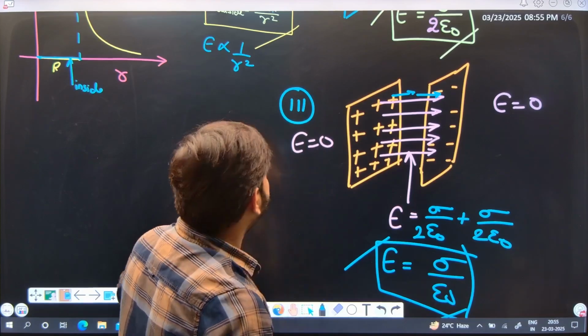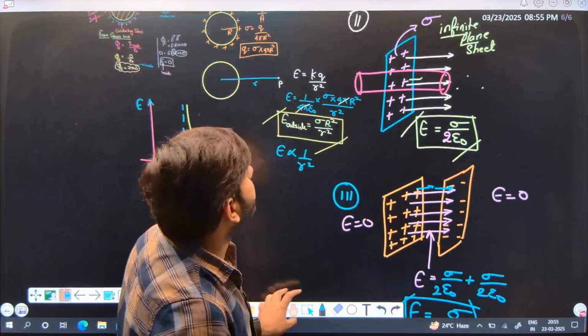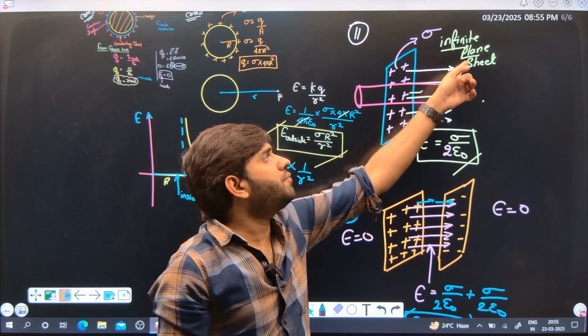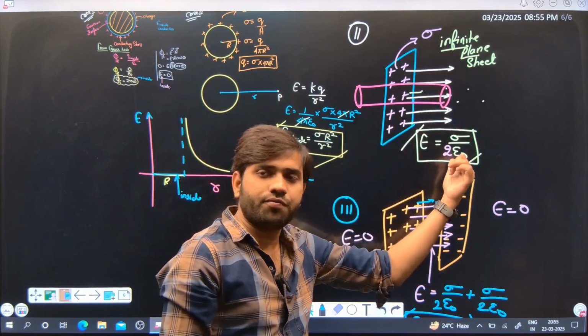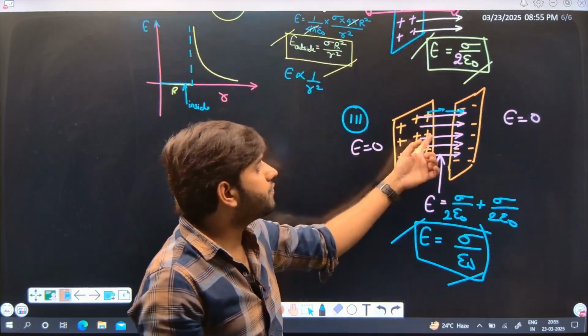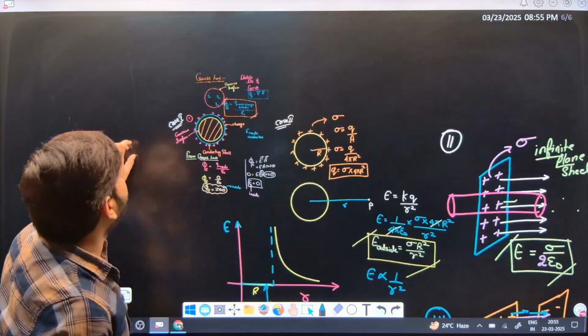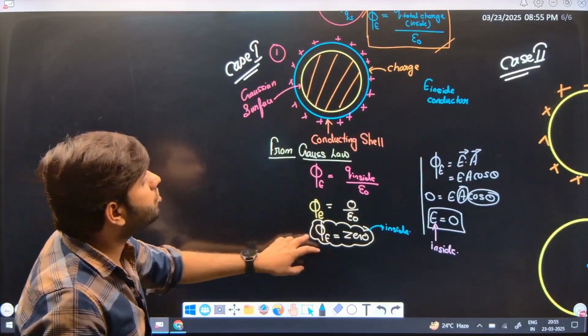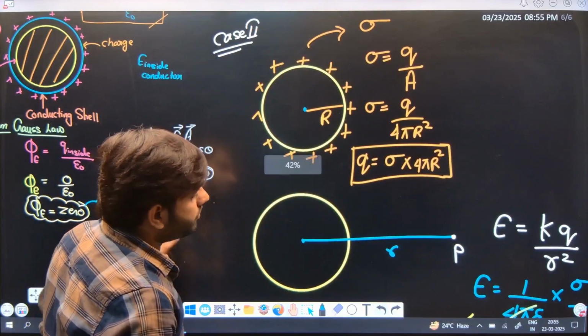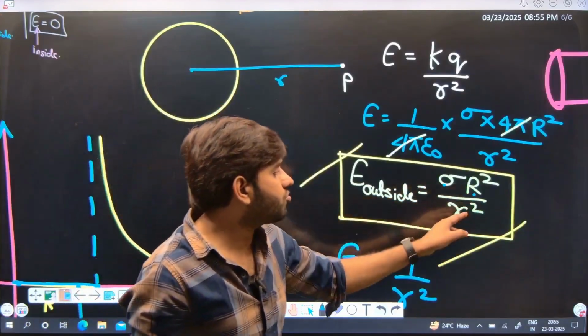So I have given 3 formulas here. This is the electric field due to an infinite plane charge sheet, sigma by 2 epsilon naught. If we place two sheets parallelly, then sigma by epsilon naught. The electric field inside the conducting sphere is 0, and outside is sigma r square by r square.